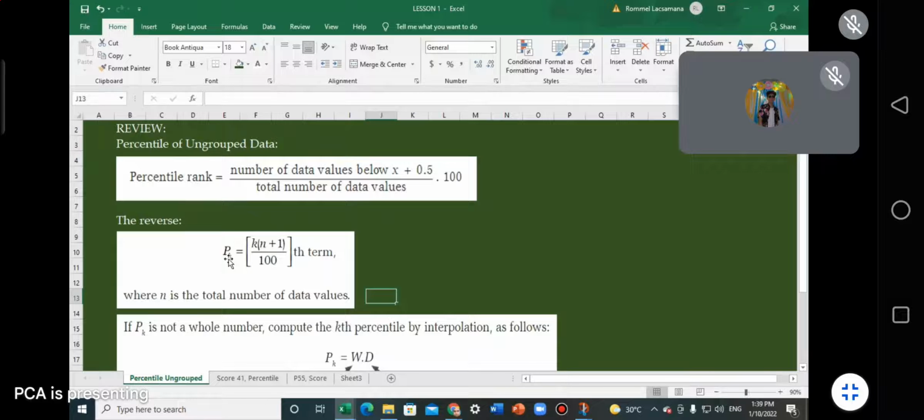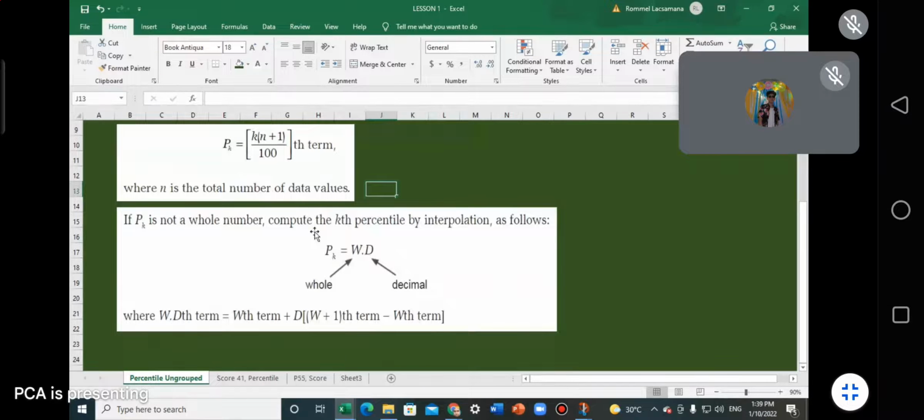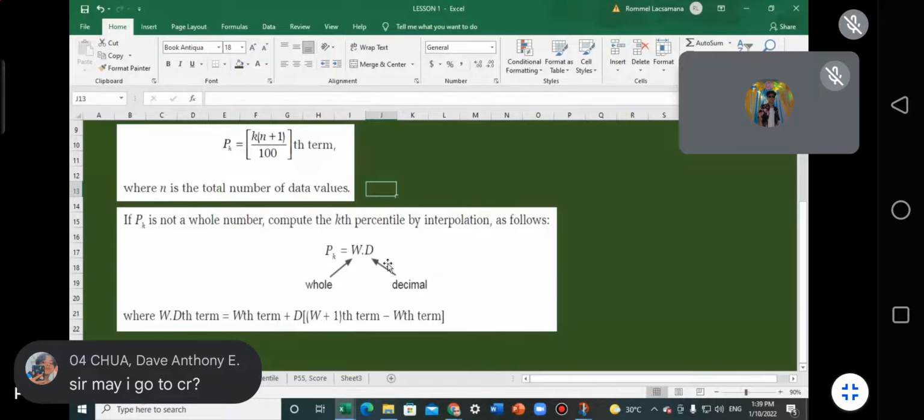And then the reverse, you have to know the score of the percentile rank. How? Of course, to interpolate this one, you need to have this interpretation. It's in your textbook.